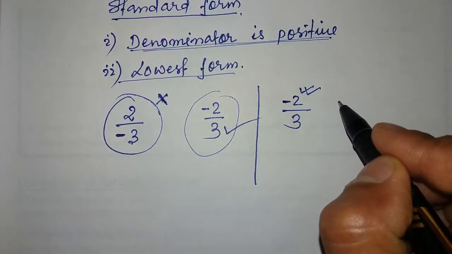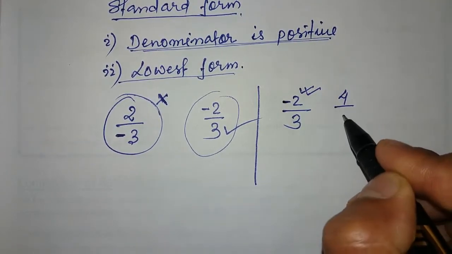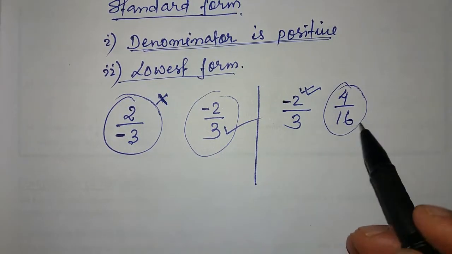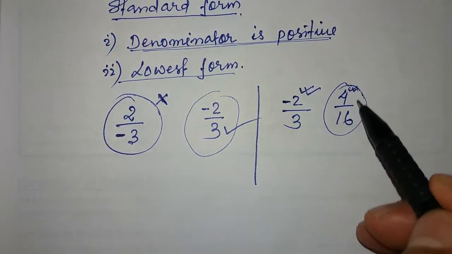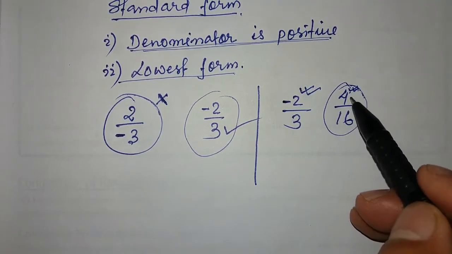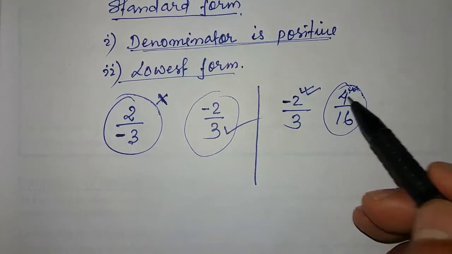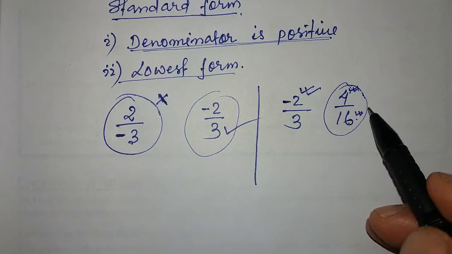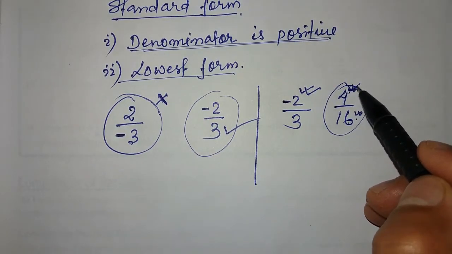If I write 4 by 16, this is not in standard form because you can divide this one by 4, this one by 4, and you can even divide by 2. So there is more than one common divisor, and such an expression is not in standard form.